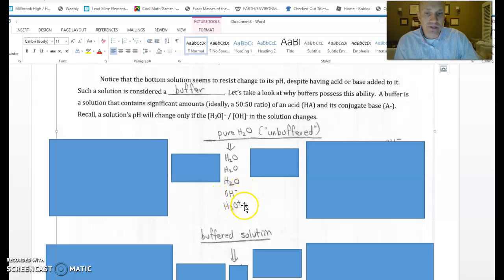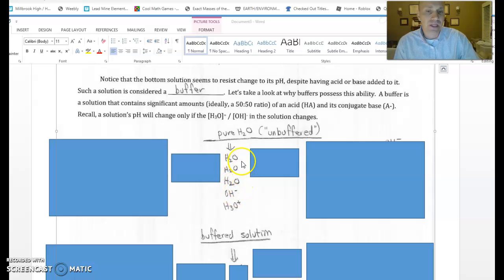So where do these come from? The hydroxide and the H3O+ come from the self-ionization of water reaction. Recall you're going to have literally billions of water molecules, but every once in a while you're going to have a hydroxide ion and an H3O+ from whenever two water molecules get together and one temporarily gives its H+ to its neighbor.